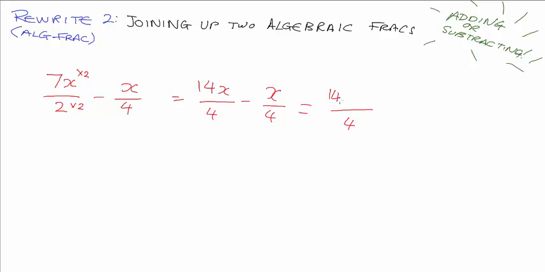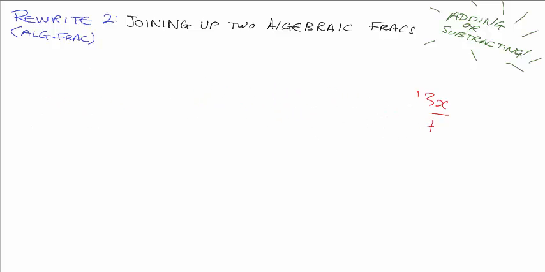The top is just going to be 14x minus x. So here we go, 13x over 4. There you go. Fraction minus fraction, now we've turned it into just one fraction. And you'll see, once I start showing you actual equations which you have to solve involving them, this trick will make it straightforward as hell.